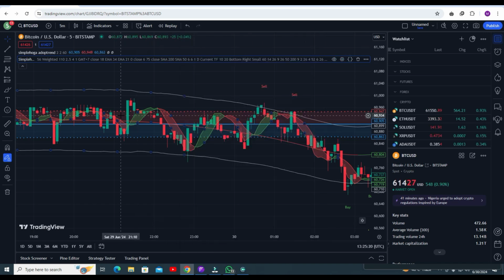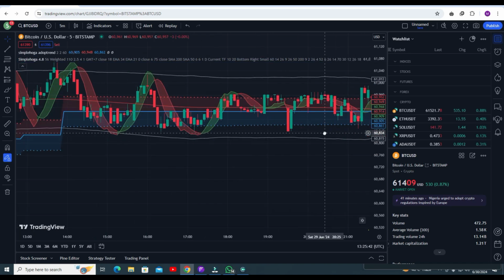These indicators are not available on TradingView, so how you can get them I will show you at the end of the video. After adding those two indicators, your indicator settings will also be mentioned at the end of the video. I need to explain how this strategy works and how you can get the perfect signal.